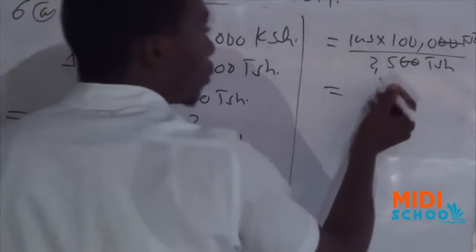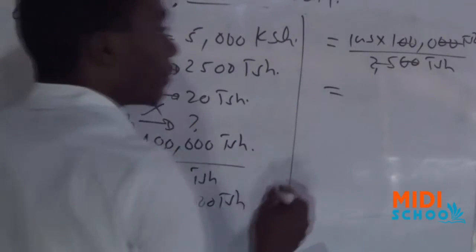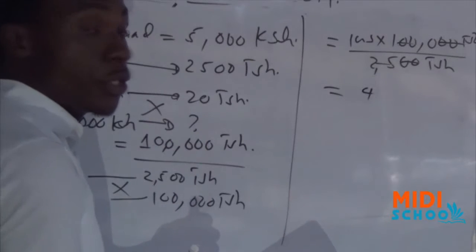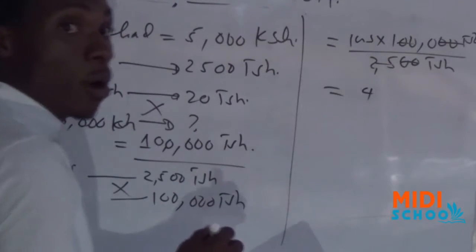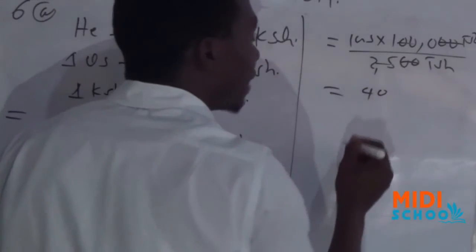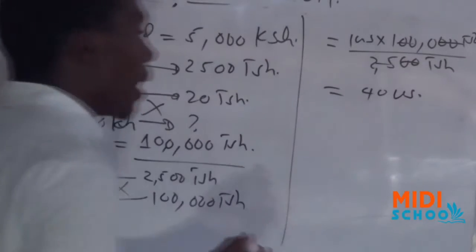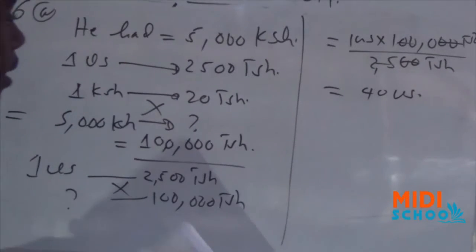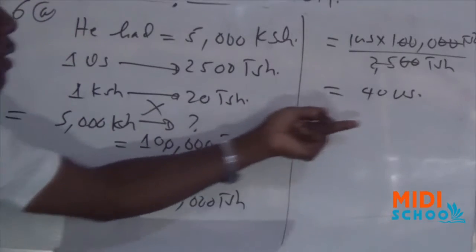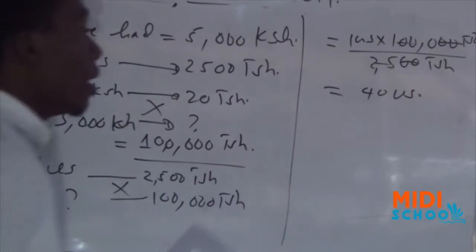We remain with 100,000 divided by 2,500, so the answer is going to be 40 US dollars. This is the amount that you have in terms of US dollars.